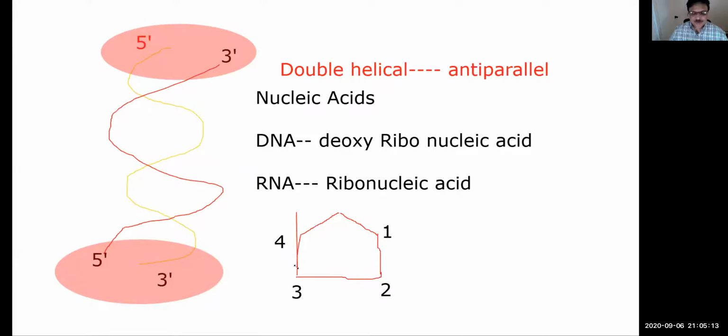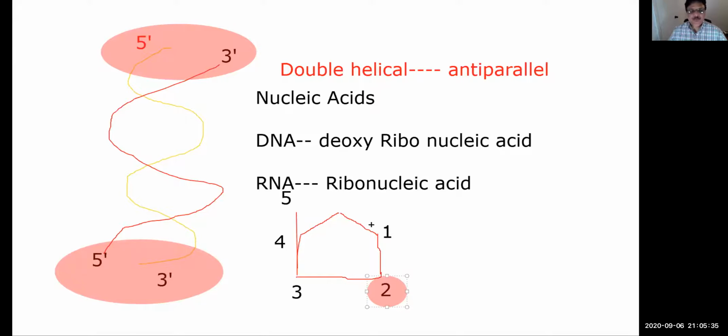It goes something like this. It's not perfect, so I beg your pardon. The carbon number 5 is somewhere here. Now I want you to focus with all your attention on carbon number 2.